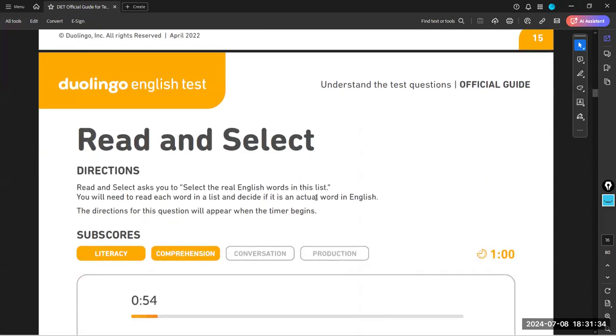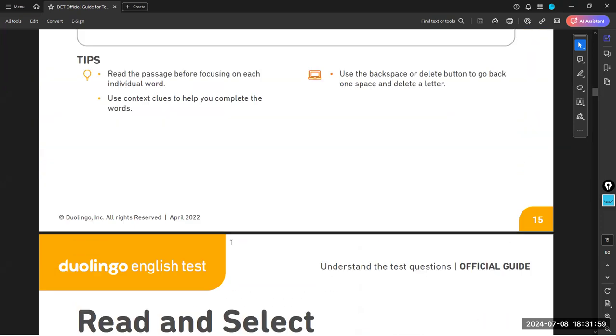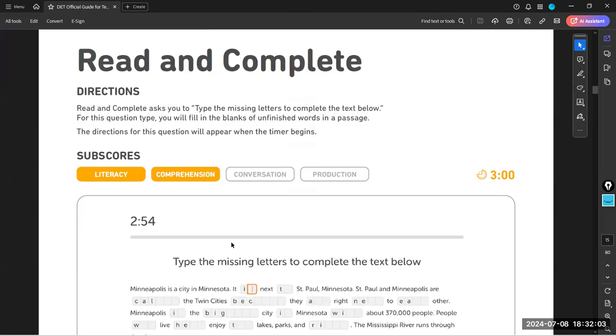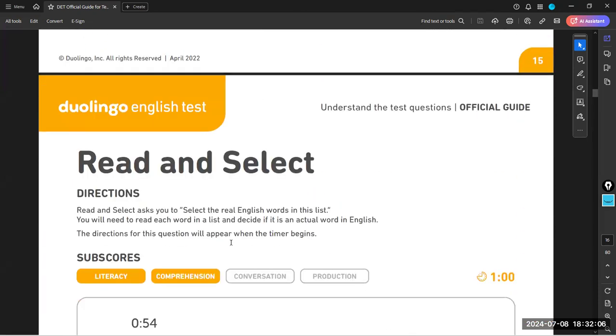Sorry, can I say something? Yeah, absolutely. I saw a video on YouTube by a teacher, I think his name is Luke. He said that there is a change from May on the Duolingo test. I think they removed read and complete, and they have read and select.